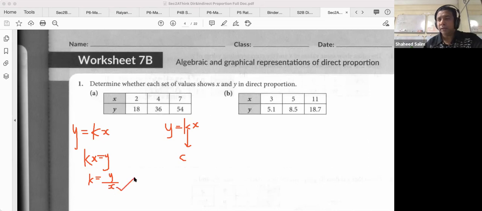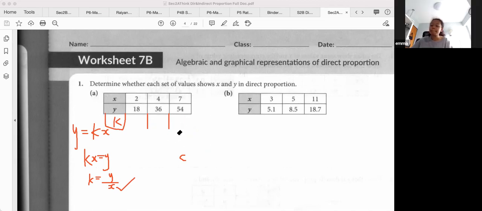Are we okay? Now you want to find the value of k for each and every one of them. Take the y, divide by x, and what do you get? You tell me for each of them now.